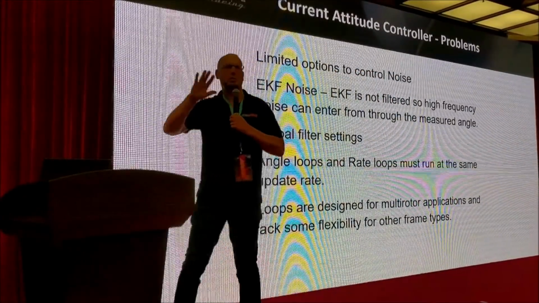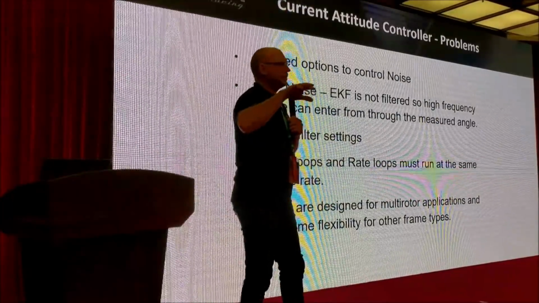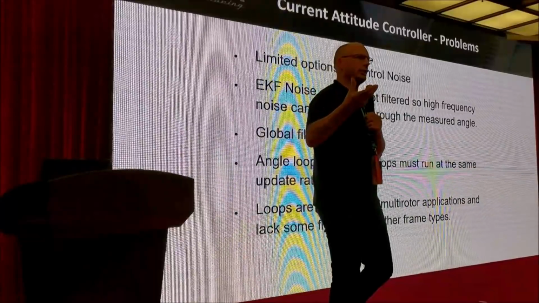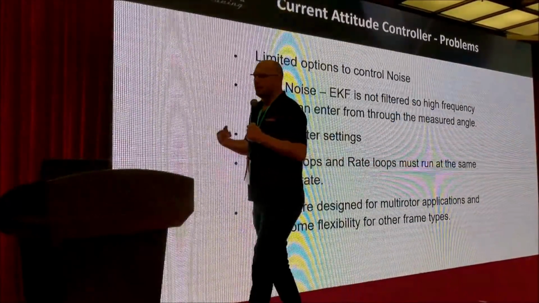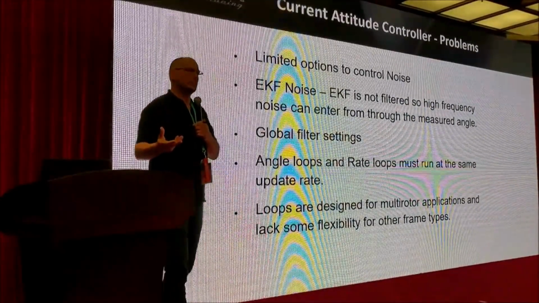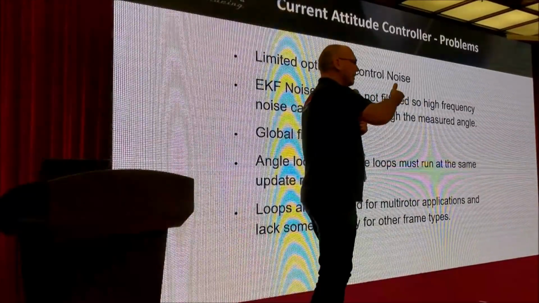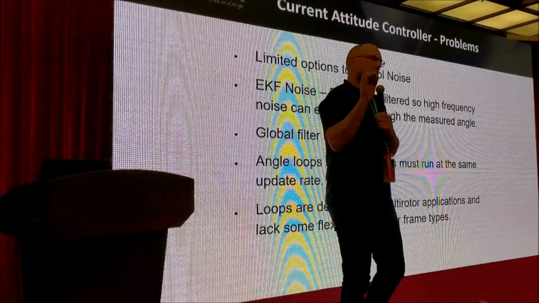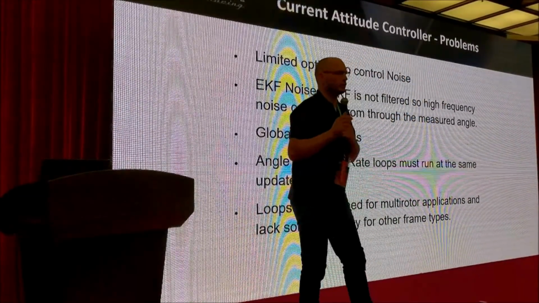We fly a whole range of aircraft, and each of these aircraft have subtly different requirements in how to best interface with those actuators and the control of the aircraft. So we want to create a system that's a little bit more flexible and also has more flexibility in the way that it handles noise, so that we can get closer to that optimal point of control.